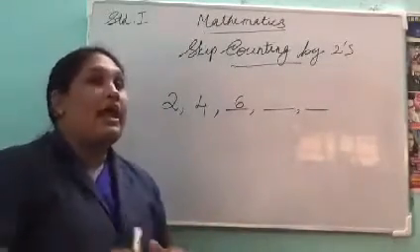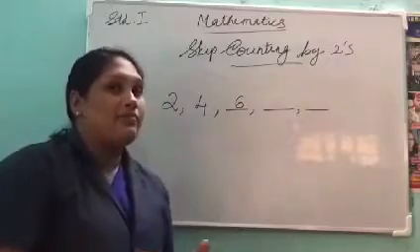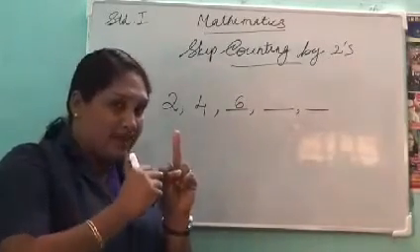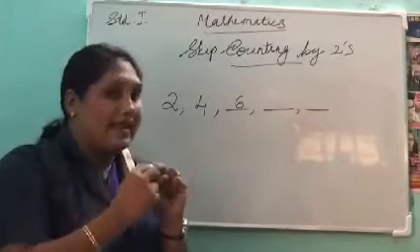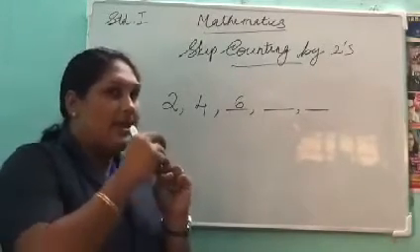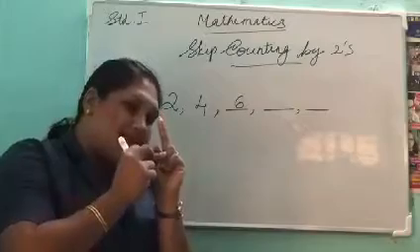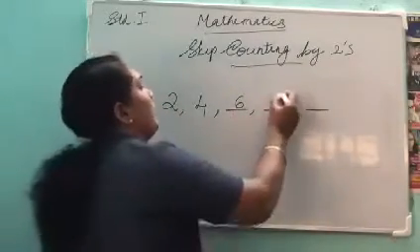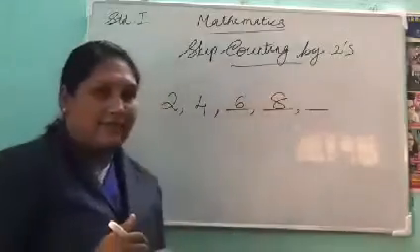Which will be the next number? You have to take 7, then 8. We skip number 7 and take the number 8. Then we write 8 here.